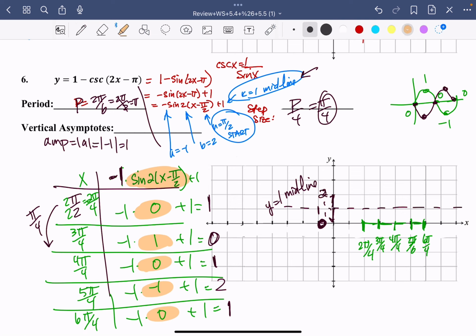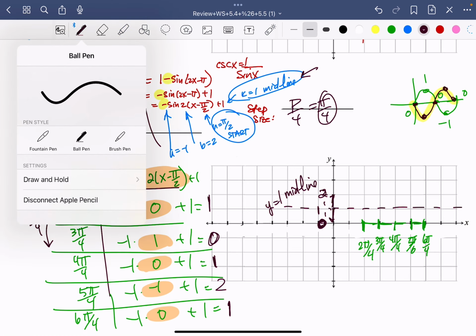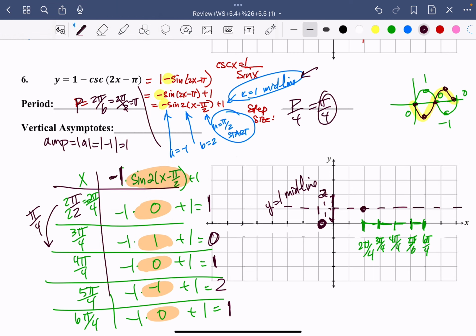But since it is a negative sine graph, I'm going to go down and then up and then back down. So I should start at a midline, go to a valley, go to a midline, go to a peak, and then go to a midline. So your graph should look like that, and you'll see that that's what we get over here.